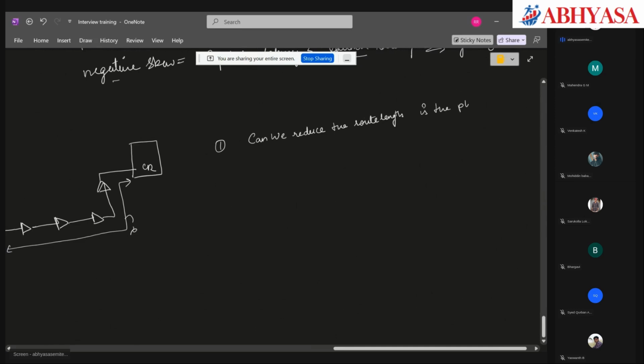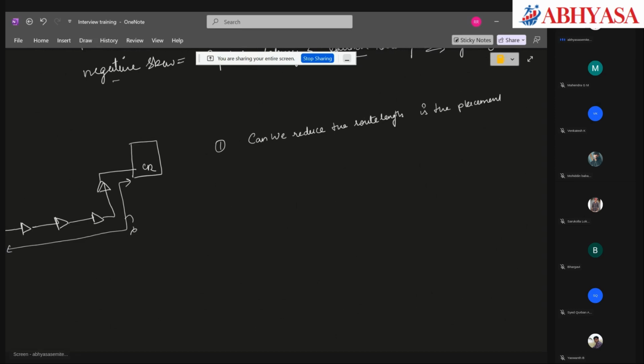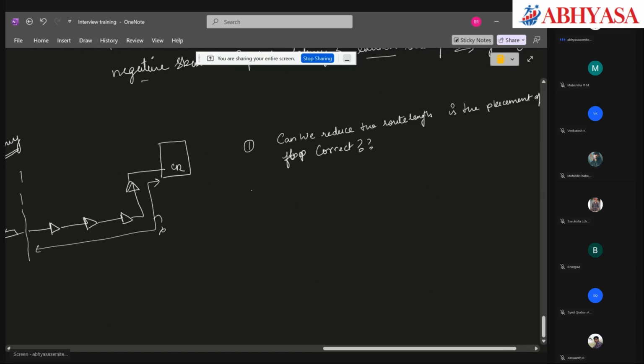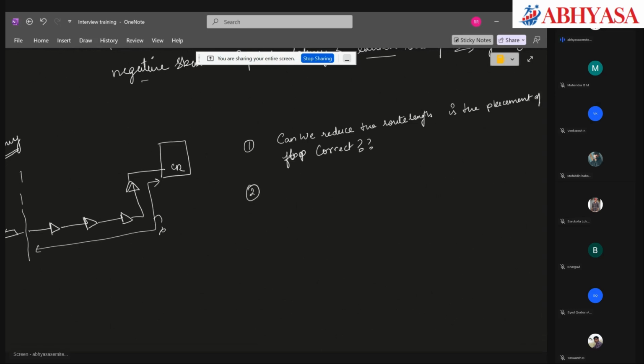Is the placement of flop correct? We will first check that. Then drive strength of the buffers used. Whatever buffers are used are the clock buffers. Correct?